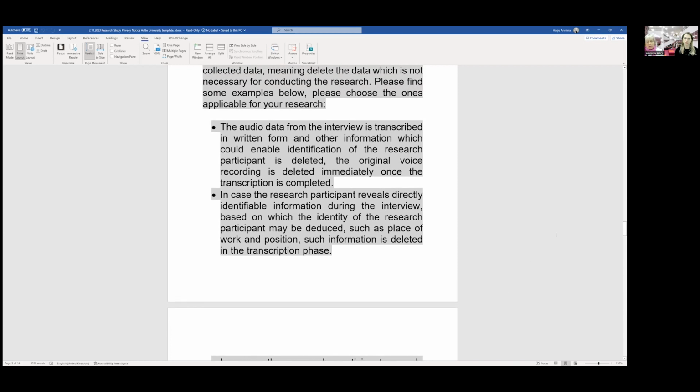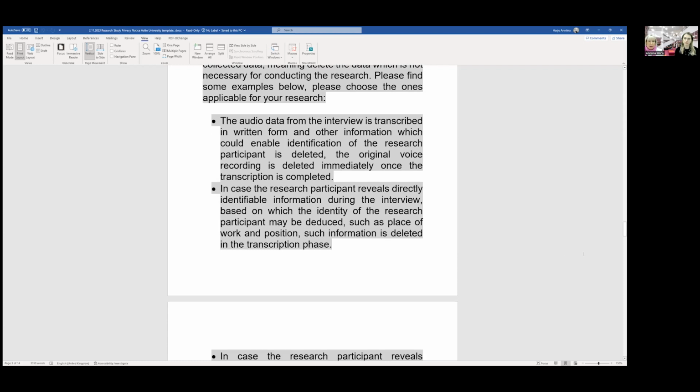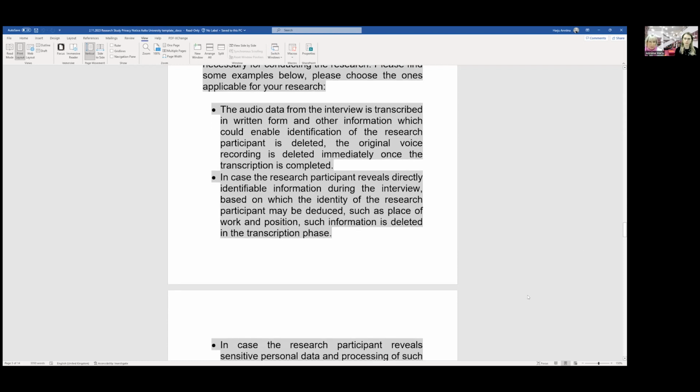So usually when the interview data is transcribed, then it can be that, for example, audio files are processed or used for a certain time, and then you are left with only the transcribed interview data in written form. So then you can delete the original voice recording, because of course that voice recording is then unnecessary personal data.